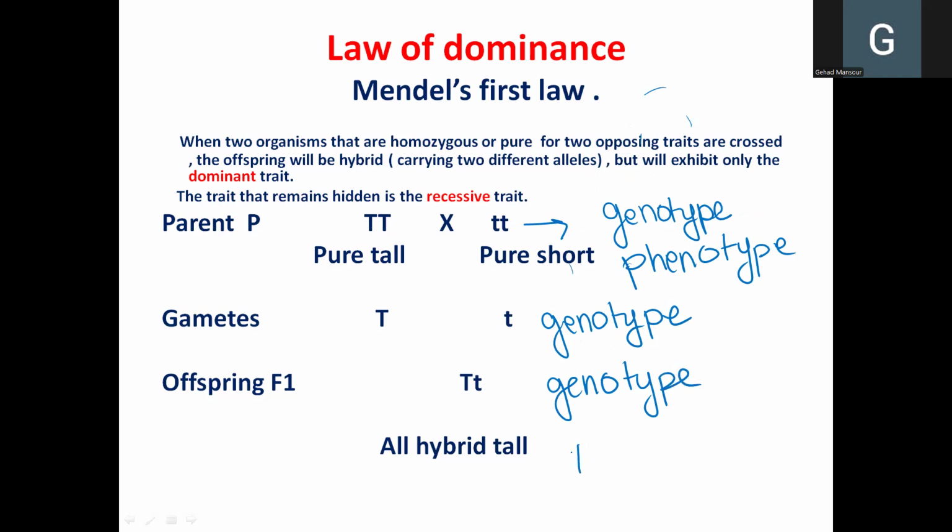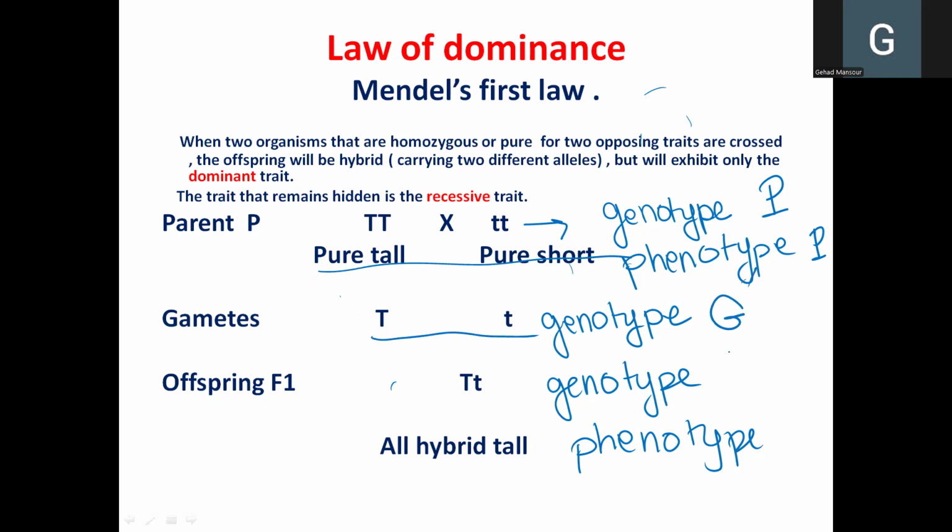And then we have the phenotype or the trait of the offspring. So we can say that this is the genotype P of the parents. This line is for the phenotype of the parents. And then this line is for the genotype of the gametes, and then the genotypes of the offspring, and then the phenotype of the offspring.